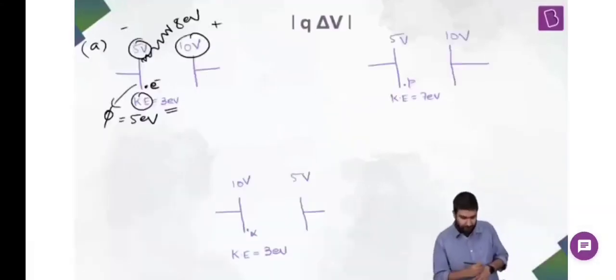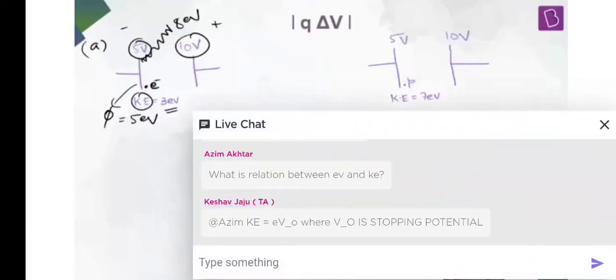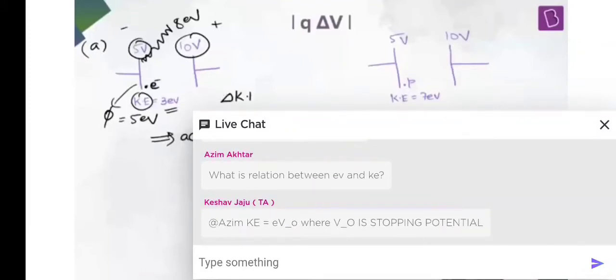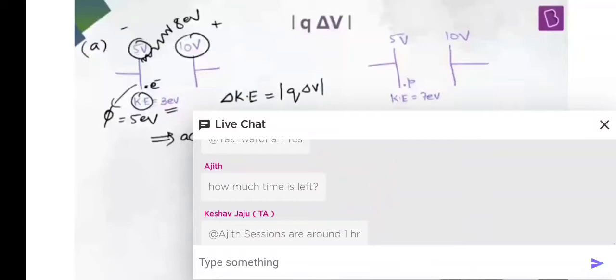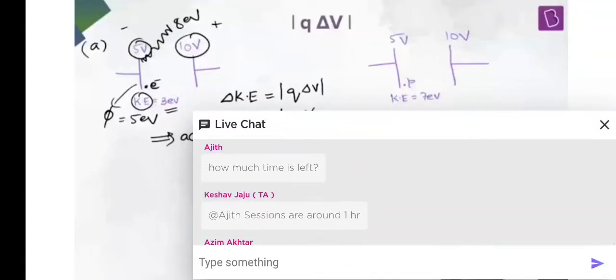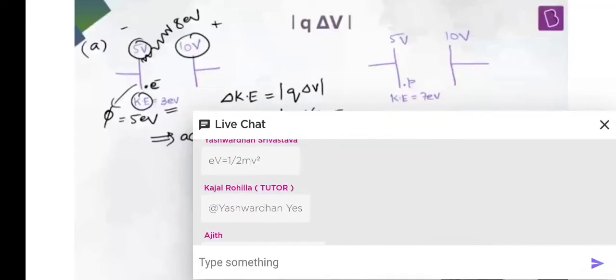Okay. So going from here to here, we have established that this electron will get accelerated. It will get accelerated by how much? The kinetic energy change will be essentially equal to what? Q delta V, right? What is Q? Q is electron, so minus e. What is delta V? So delta V is 10 minus 5 volts.